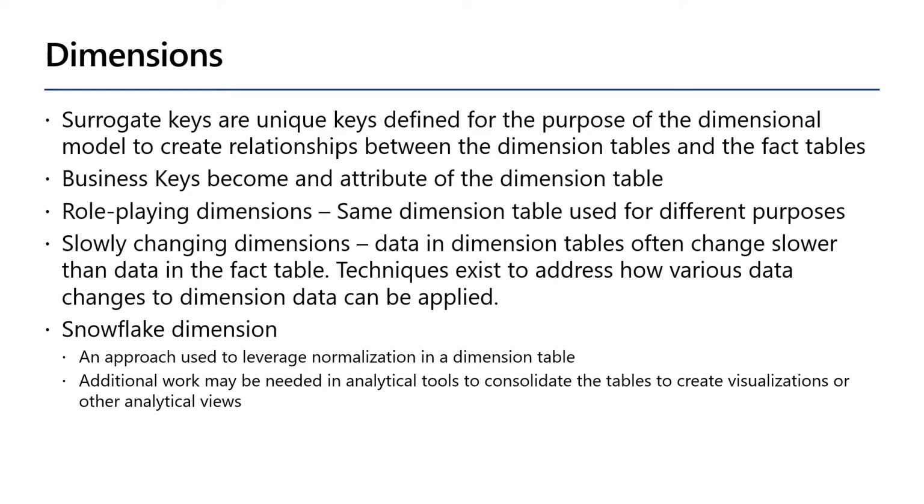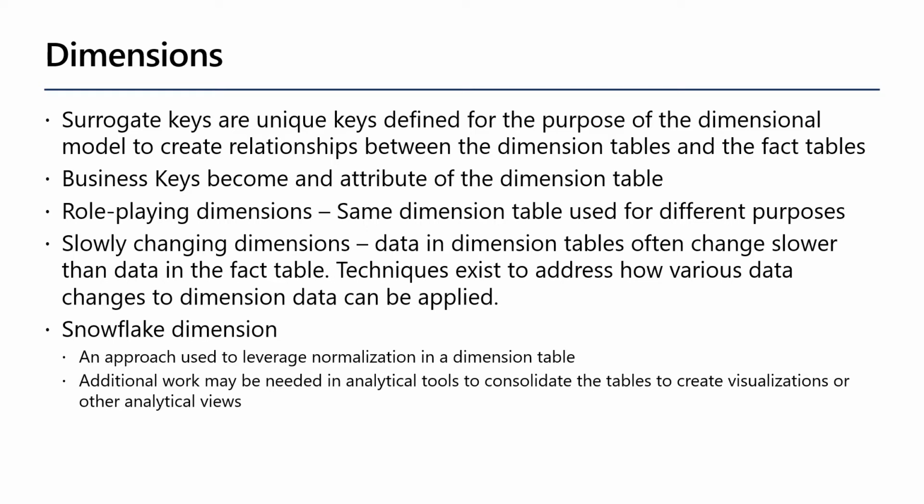The purpose of surrogate keys is to create relationships between the dimension tables and the fact tables in our dimensional model. Since we're not using business keys in order to do that, because we may not be able to guarantee uniqueness between the various different source systems, our business keys then become an attribute of the dimension table.